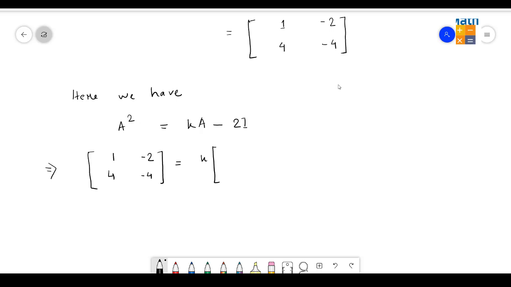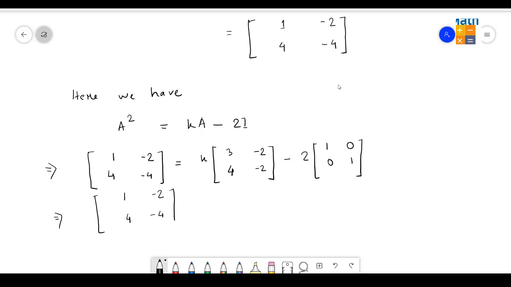The value of A was 3, then minus 2, then 4, it is minus 2. Then after minus 2, in place of I we can put 1, 0, 0, 1.